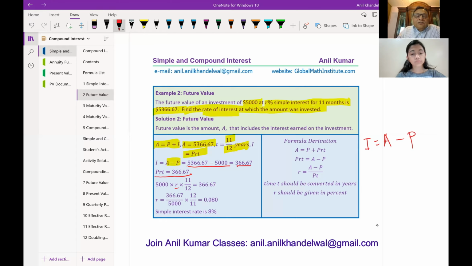Let me write on the side here. So time T is 8 years, right? And we have the rate of interest R as 5%, so 5 over 100, which is 0.05. And the initial amount P is equal to $1,000. Substituting these values, you get the final amount as $1,400, correct? 8 times 5 is 40, right?